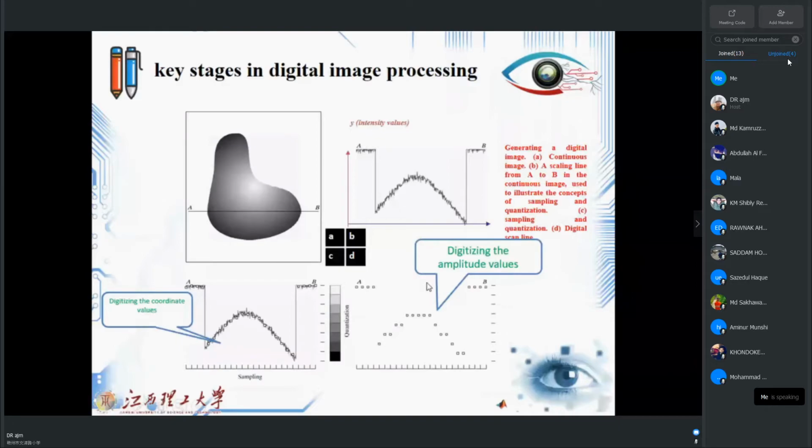In figure C, we have the sampling and quantization, as you will see here. Then in D, we have the digital scan line. Okay, this is the digitization that we have, and here we have the sampling and quantization from the same figure.